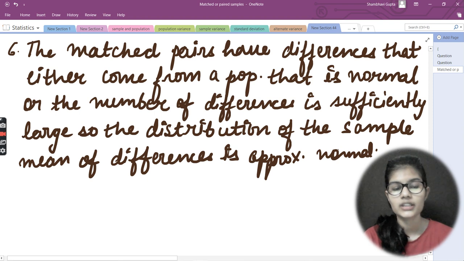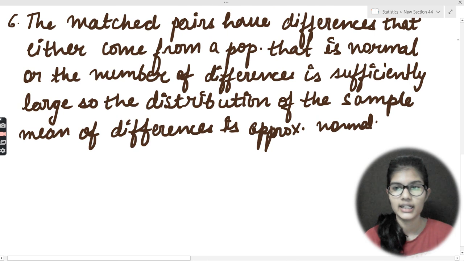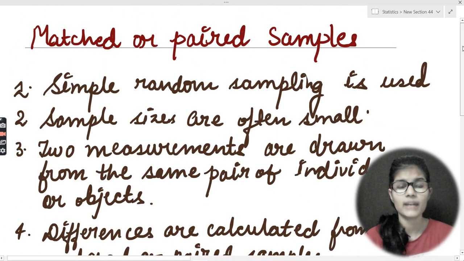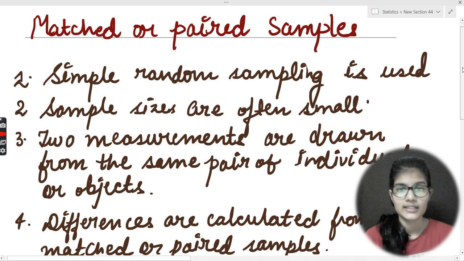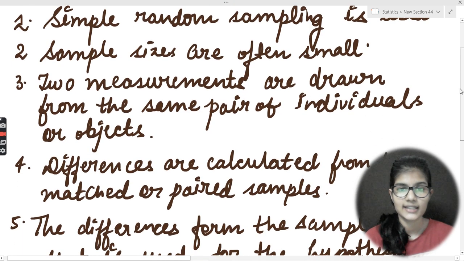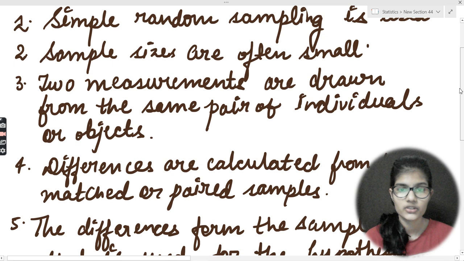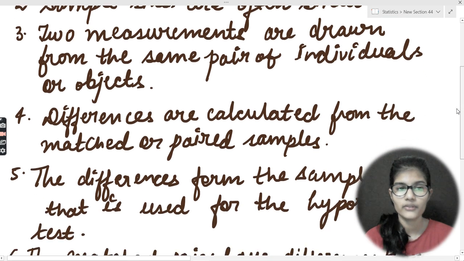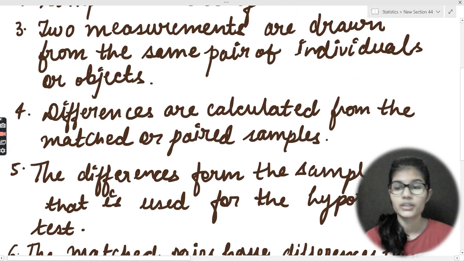Right, these were some points regarding matched or paired samples. Simple random sampling is used. Second, sample sizes are often small. Two measurements are drawn from the same pair of individuals or objects, so I could say that the two samples are drawn from the same pair of individuals or objects.